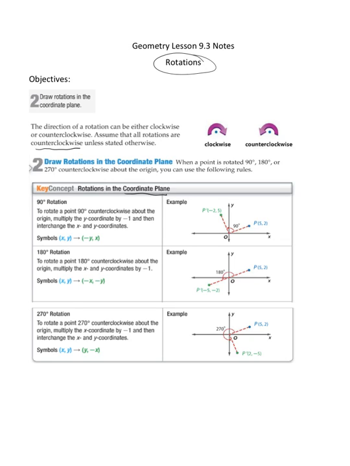So rotations in the coordinate plane, guys, there's going to be three types of rotations, and they're all going to be counterclockwise rotations. There's a 90-degree rotation, and what I want you guys to focus on is the symbols here.